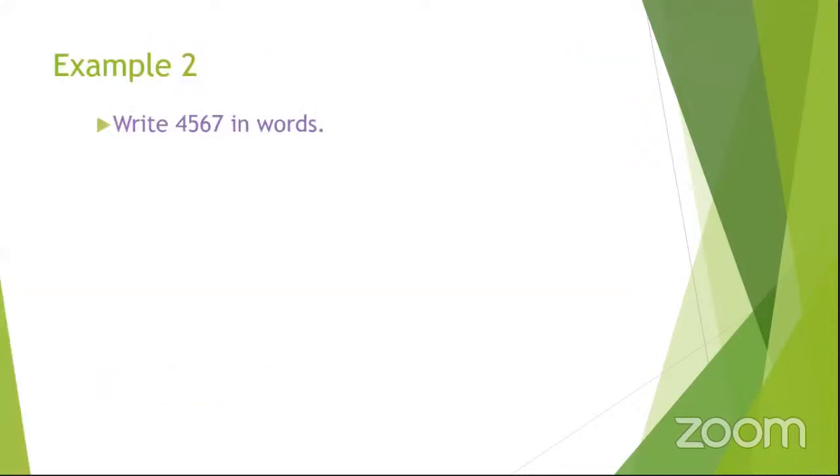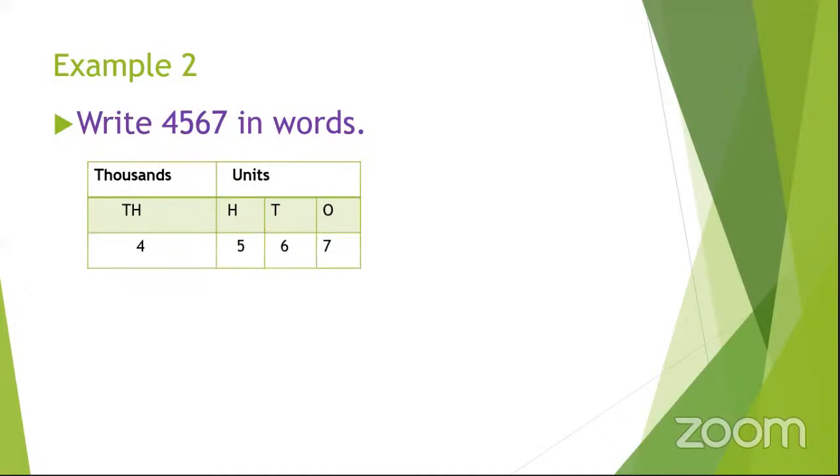Example 2. Write 4,567 in words. Still remember, the first thing you should always do is to draw the place value table. When you draw it, you put the digits there well: 7, 6, 5, and 4.